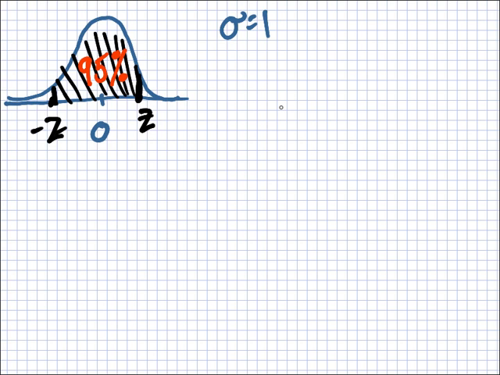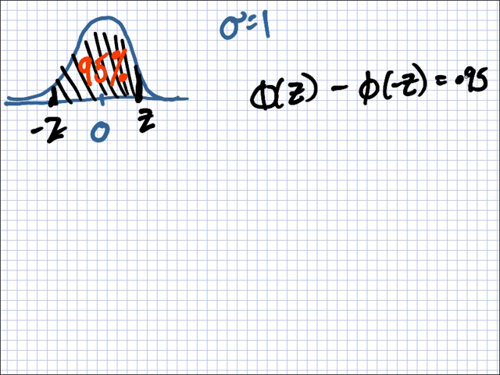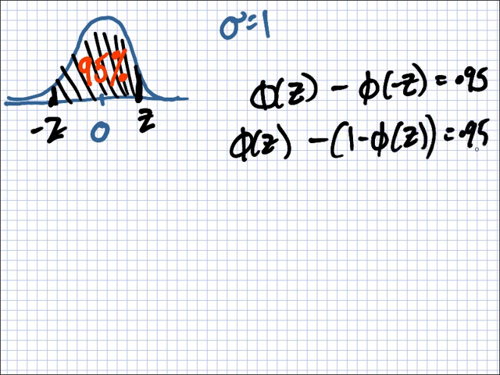What did you get? 1.96. That's it, good. So if you work this out, that's 1.96 for this, and let me show you how to get that. You're looking for the area between z and minus z, and that should equal 0.95. But you can't look up minus z, so that will be z's value minus 1 plus z's value equals 0.95.